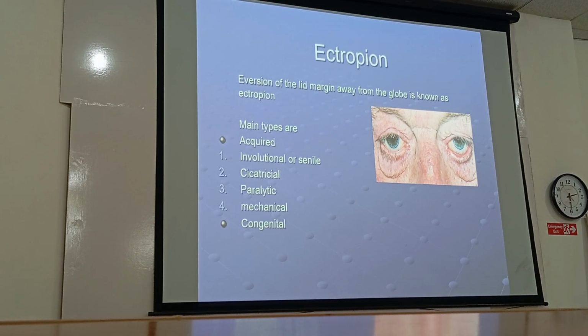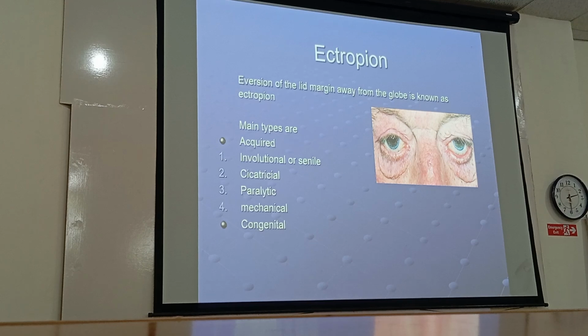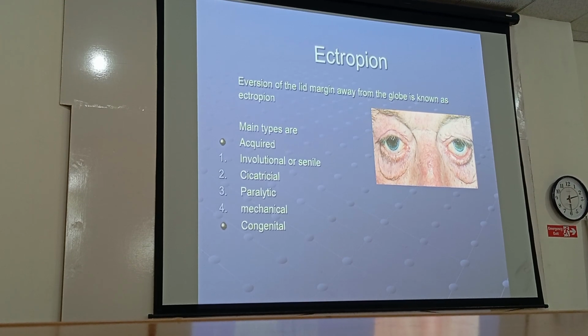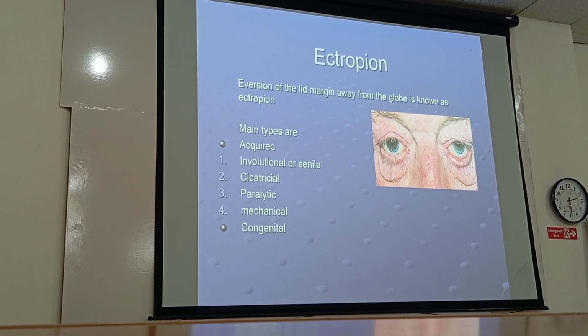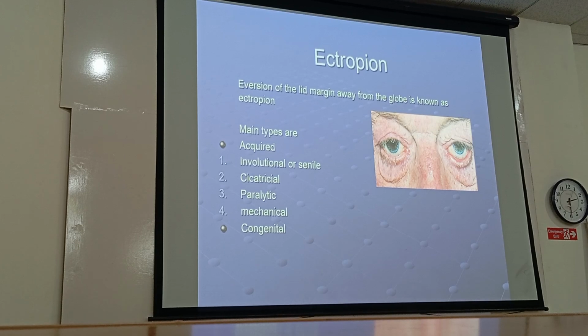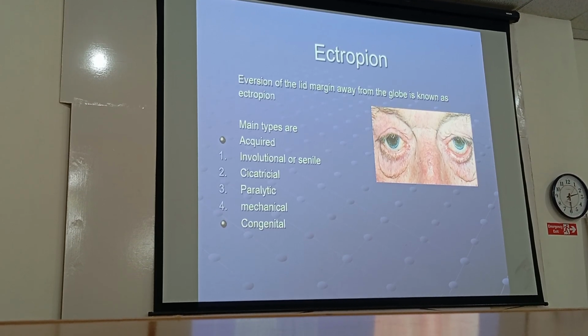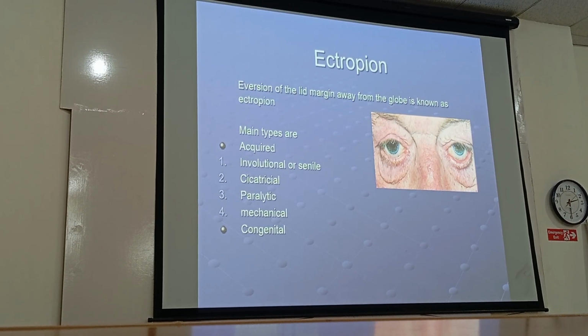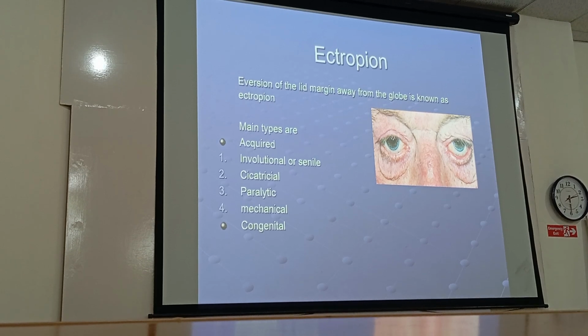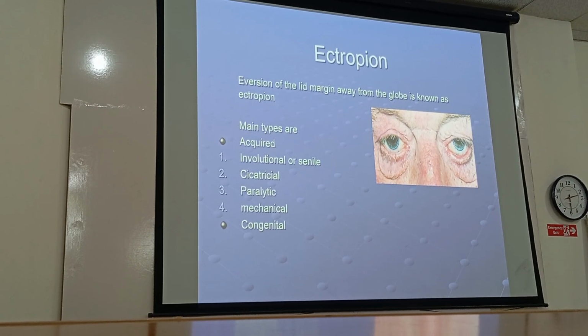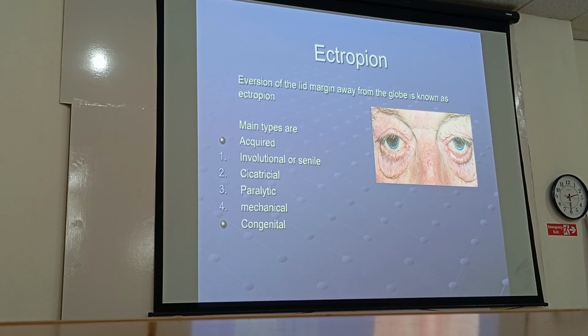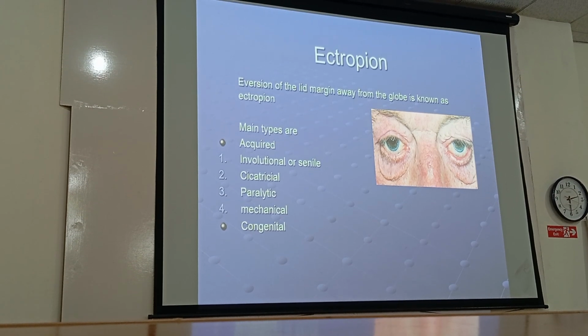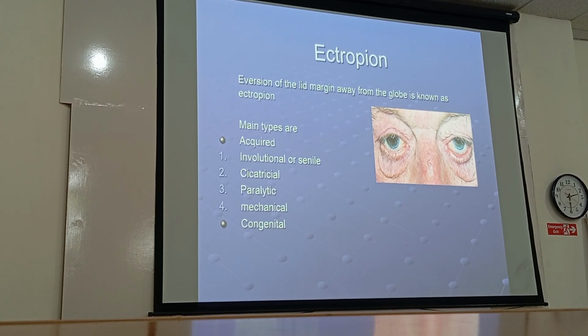You can invert slightly your eyelid and you can see it with a torch or with a naked eye. And 90% of the tears are drained from the lower eyelid because of gravity. If upper eyelid is involved, then it is unlikely that the ectropion will cause watery eye. But in this case, what will be the cause of watery eye? We will just see it.